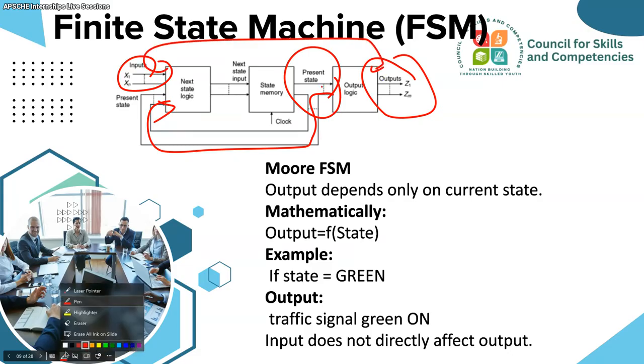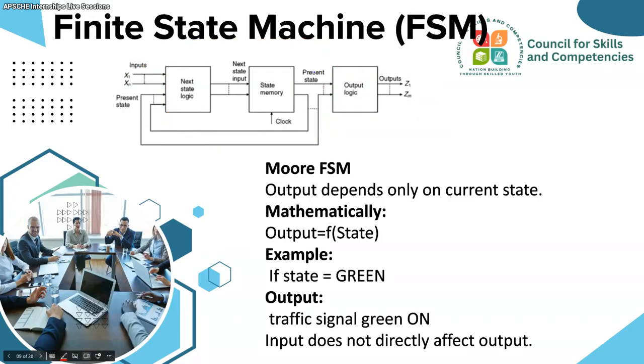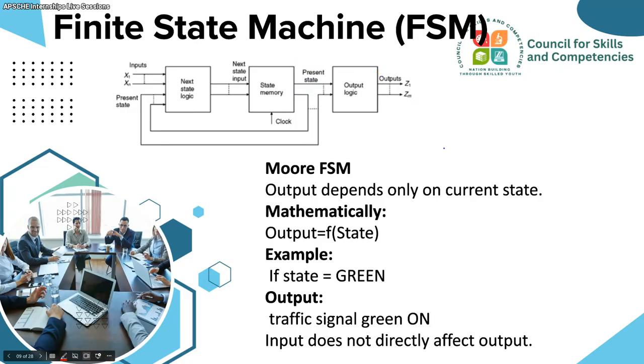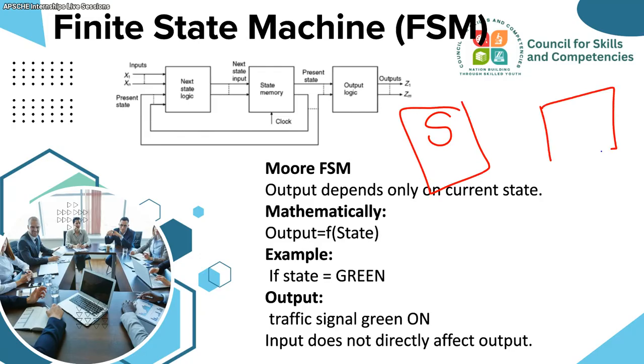So the output depends only on the present state. Whatever the present state, according to that you will get the output. In other words, for each and every state, the output is fixed. That's it. For every state, the output is fixed.